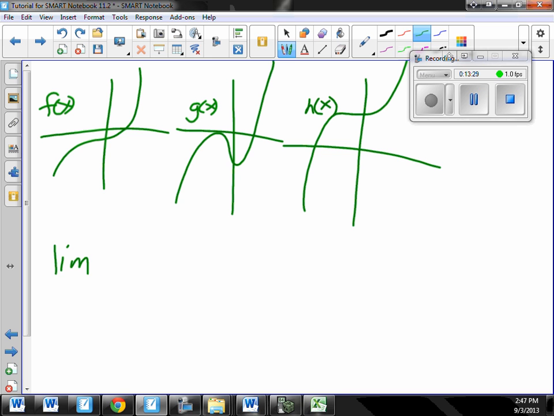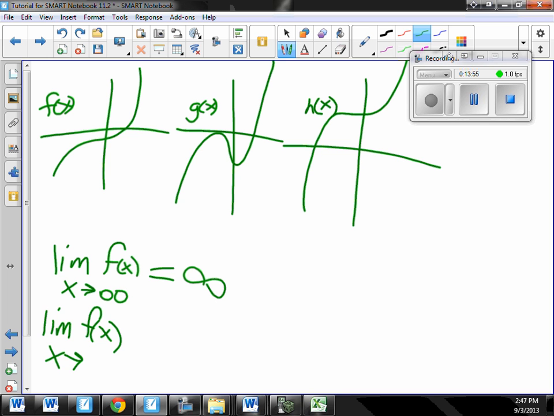So the limit of f of x as x approaches infinity is what? So this goes below those 3 graphs on that paper. What is the limit as x gets bigger? Infinity. Okay. And what is the limit of f of x as x approaches negative infinity?